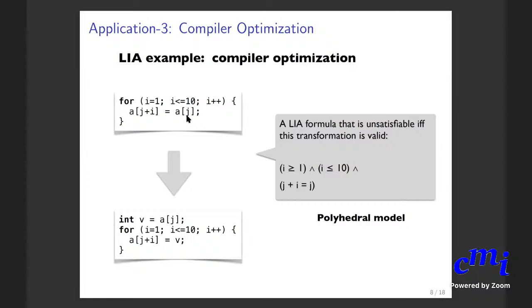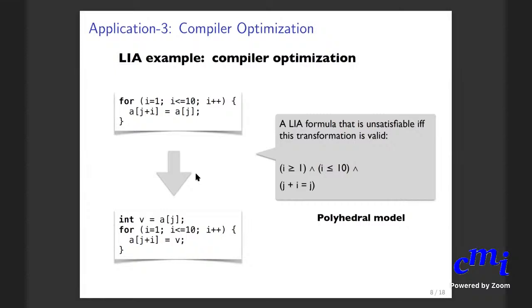Therefore A of j, throughout all iterations, is like a constant. You can move this right-hand side expression outside the loop, make one single assignment, and then use that as a constant here. Then you reduce the number of array selections that you make.